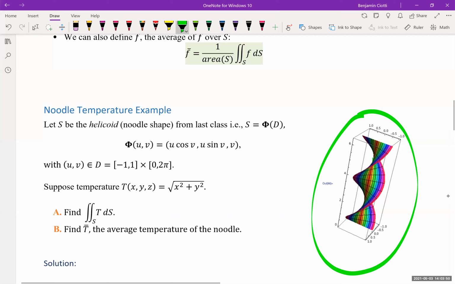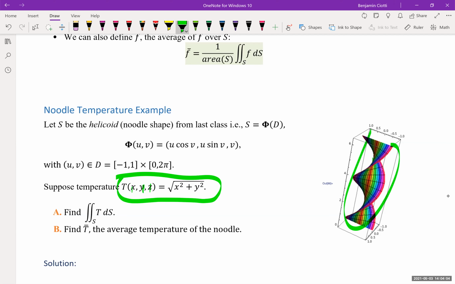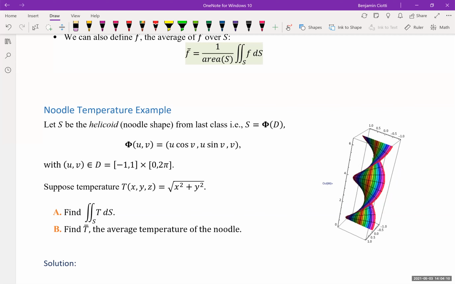Anyway, so you pull this noodle out of the water. It's a hot noodle. The temperature of the noodle is not uniform, however. The temperature of the noodle is as follows. At a point x, y, z on the noodle, the temperature is given by the square root of x squared plus y squared. In other words, it's the distance from the central axis.